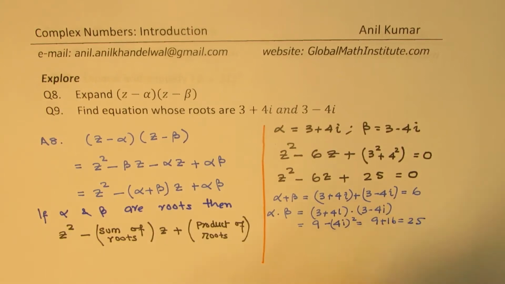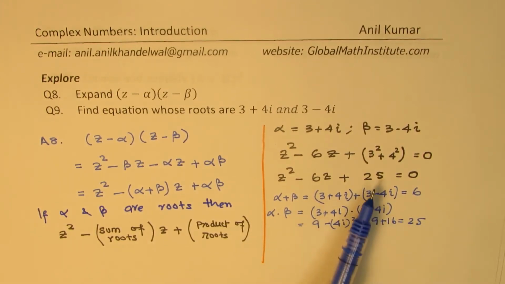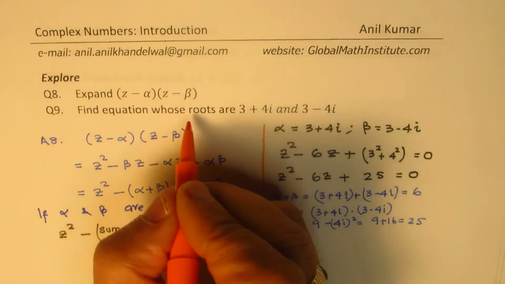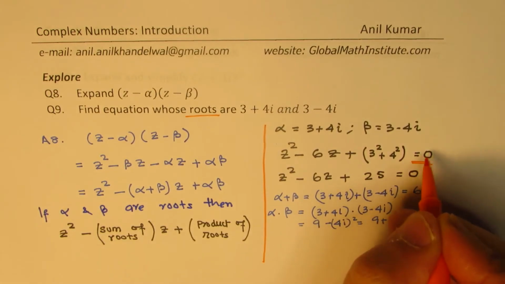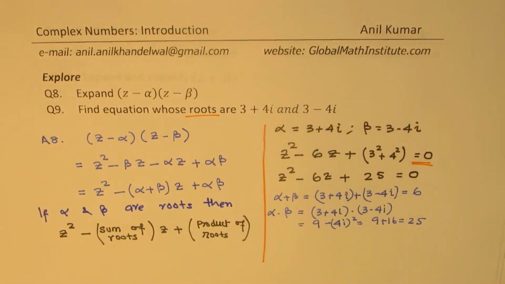Is that clear to you? So that will help you understand how we related the first and the second question and wrote our equation. If we qualify with the word roots, that means all this is equal to 0, right? And therefore, we get that equation. Is that clear?